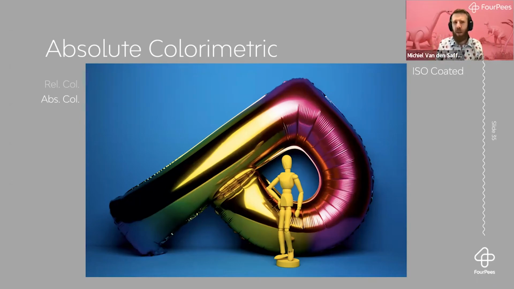Now we're thinking of white paper, and white paper should reflect everything, but paper isn't necessarily white. Typically, it's about a 95 L value in the LAB. If you look at the ISO coated standards for coated paper, it's about 95, like 1, -4 or -5, something like that. So it's slightly bluish and it's slightly less than white. It's slightly grayer. So this has an impact on everything.